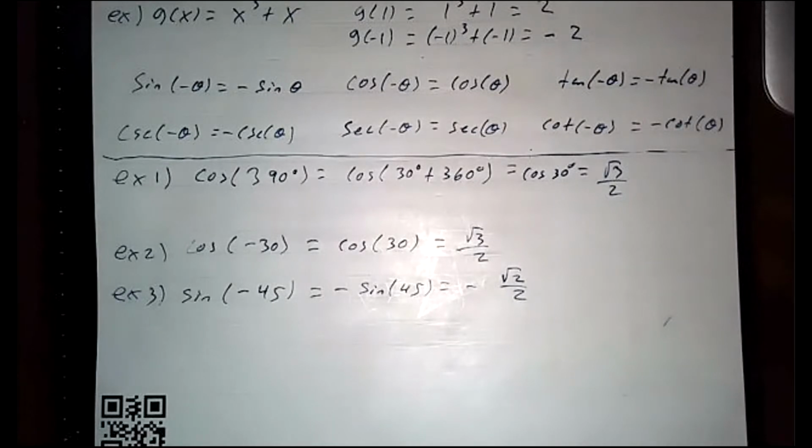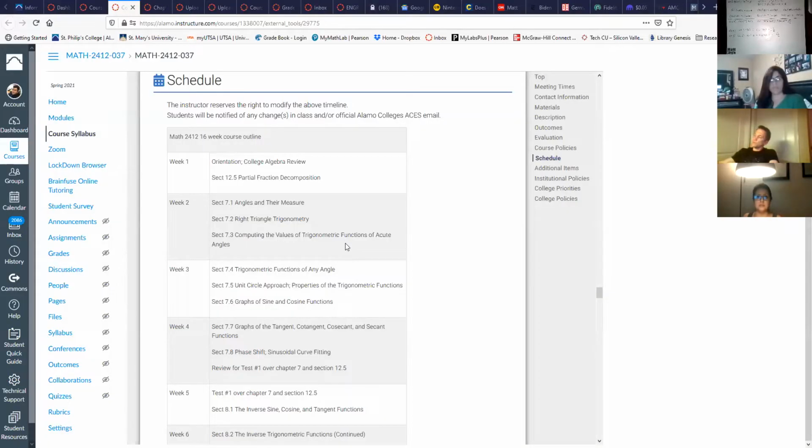Let me look at the schedule real quick before I let you guys go. So we are in week 3. To give you an idea, I know some of you guys are very organized and like timetables. So we just finished 7.4 and almost 7.5. I will probably not be doing much of this guy. Trying to think.